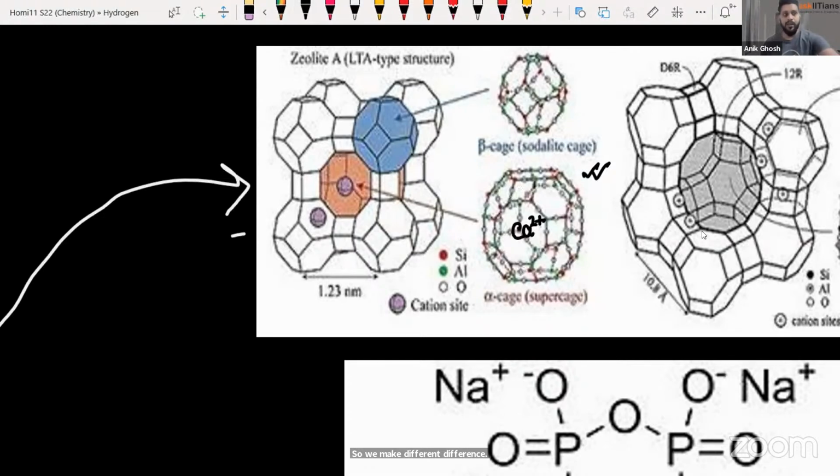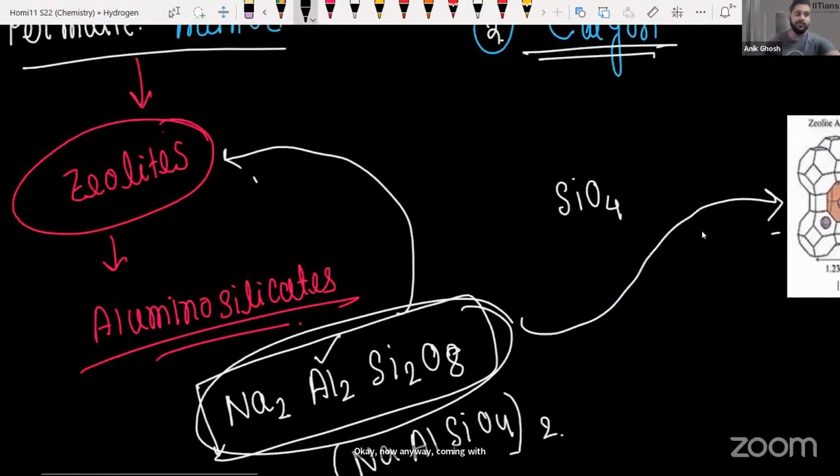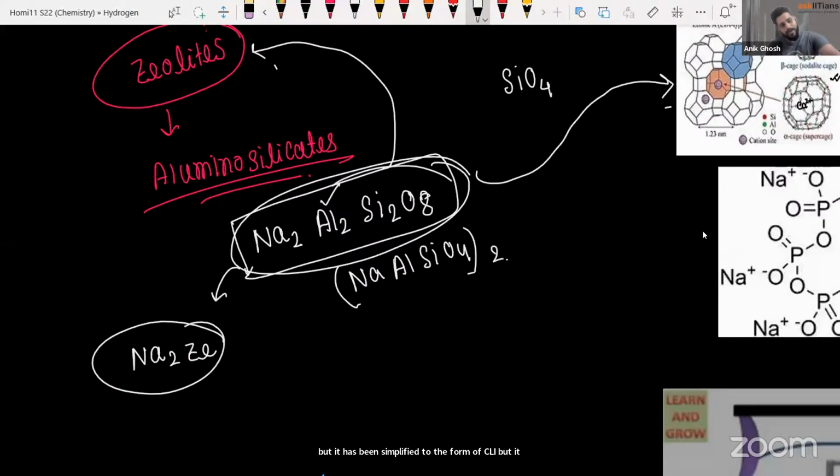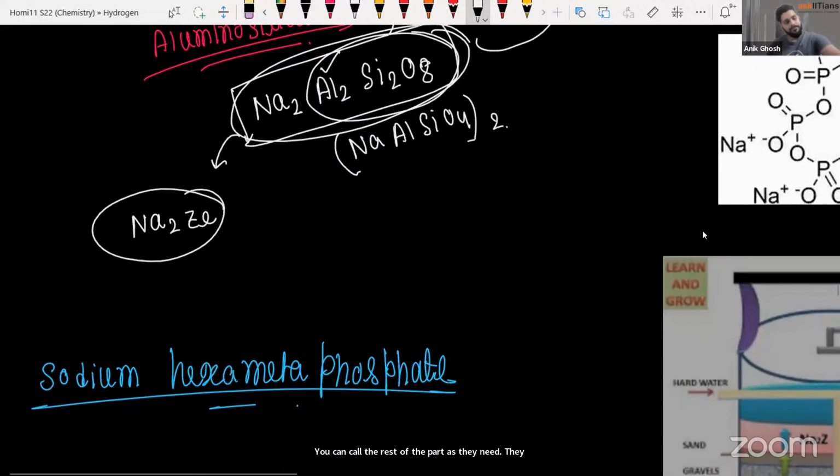See this Na2Al2Si2O8. This is one of the structures of zeolite, but it has been simplified to the form of Na2Zd. You can call the rest of the part Zd, Zd for zeolites.